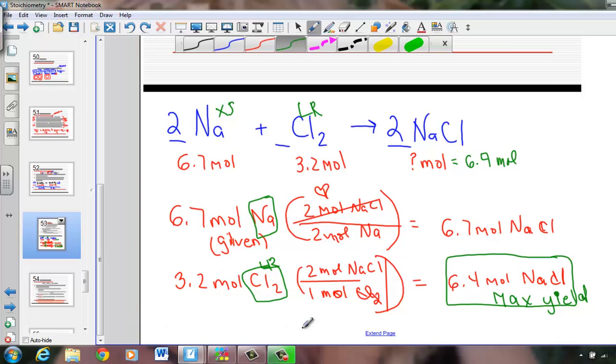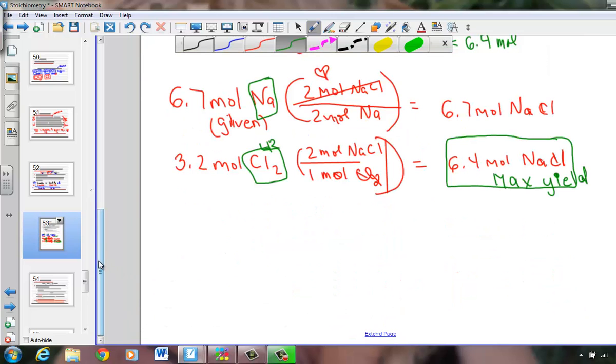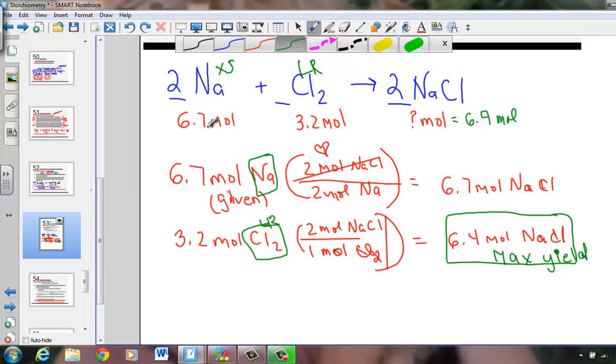Well, how many moles of excess reagent were sitting there wasted? Of the 6.7, what did we really consume? So my goal here is to begin showing you a journey. Always start the math from the limiting reagent. So once we determined the limiting reagent was chlorine, let's find how much of the other reactant was consumed during the course of this yield.